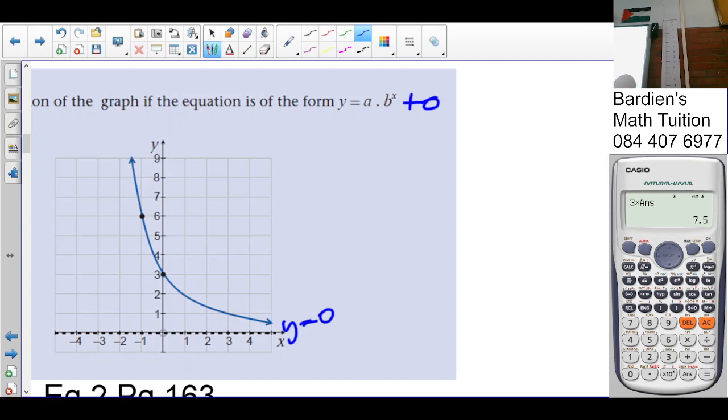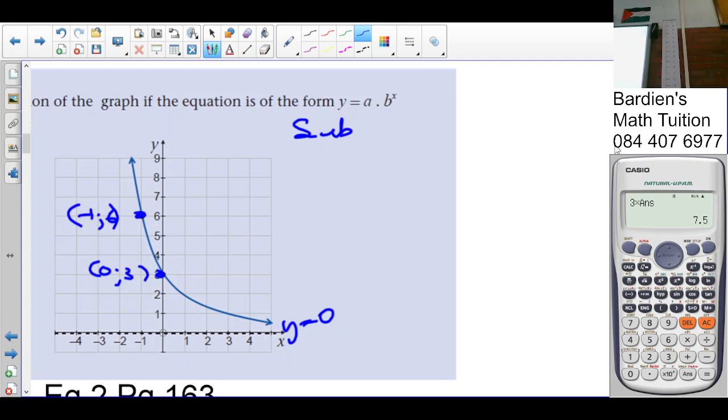Not so? Right, so how am I going to solve the value of a and b? We're going to substitute, yes? One of the given points. Which point is given? 0 and 3, and this point here, negative 1 and 6. Which one do I start with? 0 and 3.